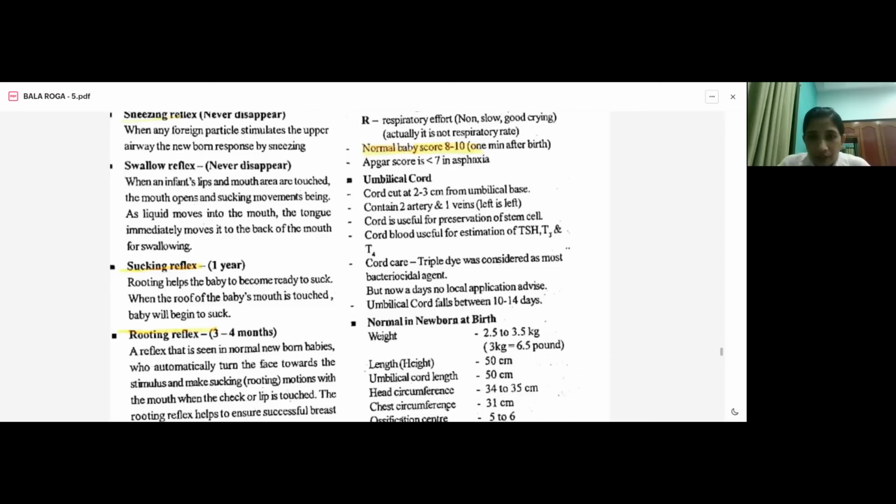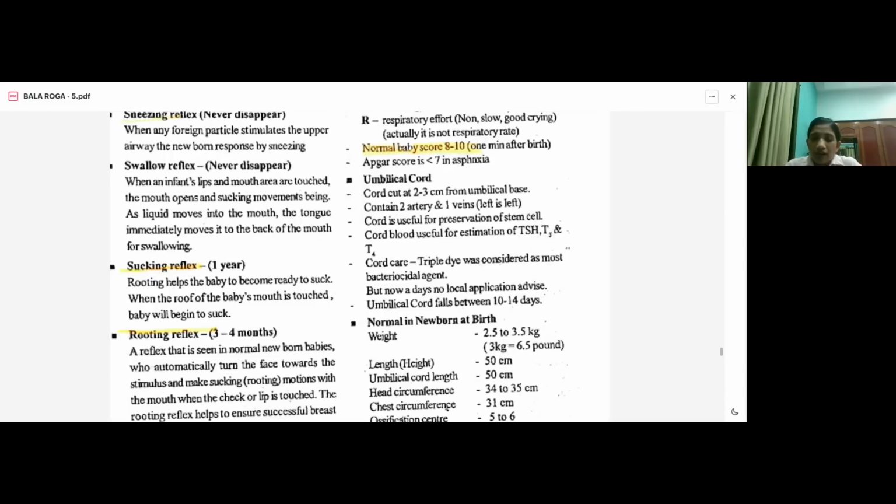According to WHO, nowadays the cutting of the umbilical cord is not done immediately after birth, because the umbilical cord contains a lot of iron-rich blood.